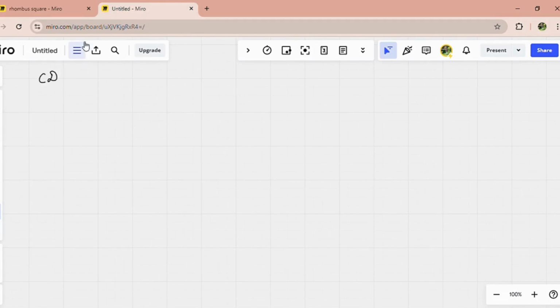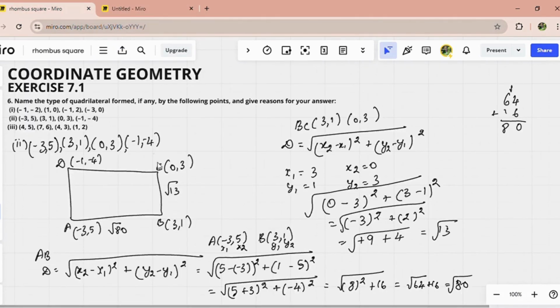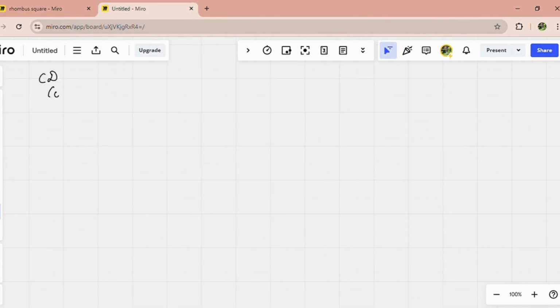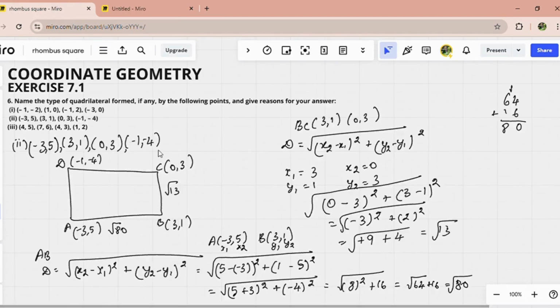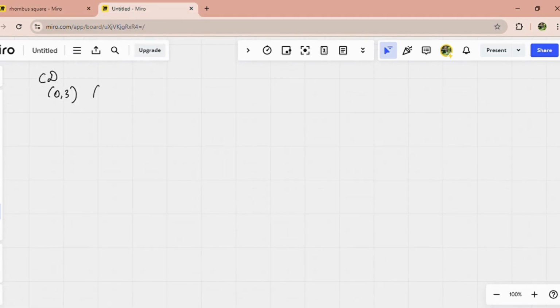CD. C is 0, 3 and D is minus 1, minus 4. Again, distance D equals root of (x2 minus x1) square plus (y2 minus y1) square.